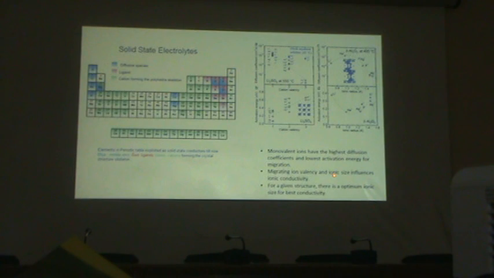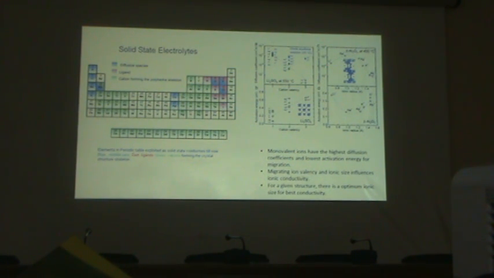And not only the valency but the ionic size will also influence your conductivity. Here you can see it is not a straight linear relation. You can see there is an optimum size of an ion which will make it more mobile in certain crystal structures. In certain crystal structures, it has a fixed crystal structure. That's why you get this peak here.